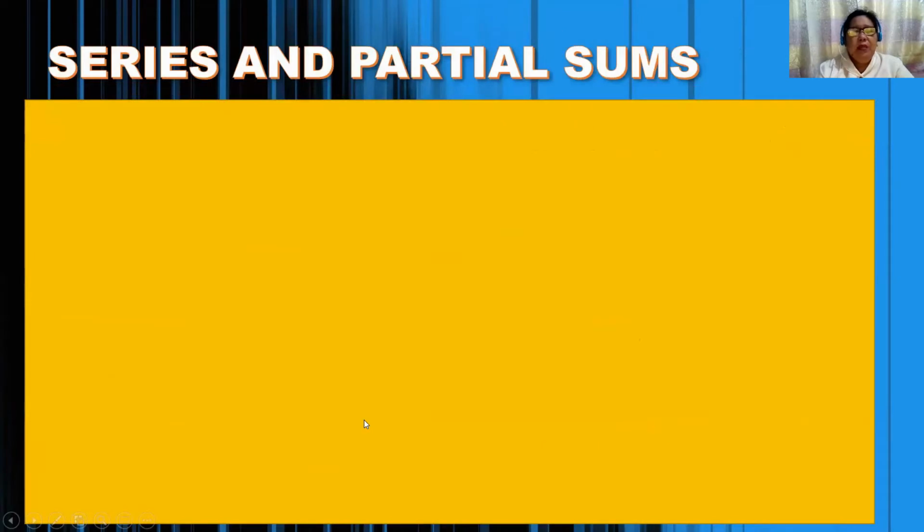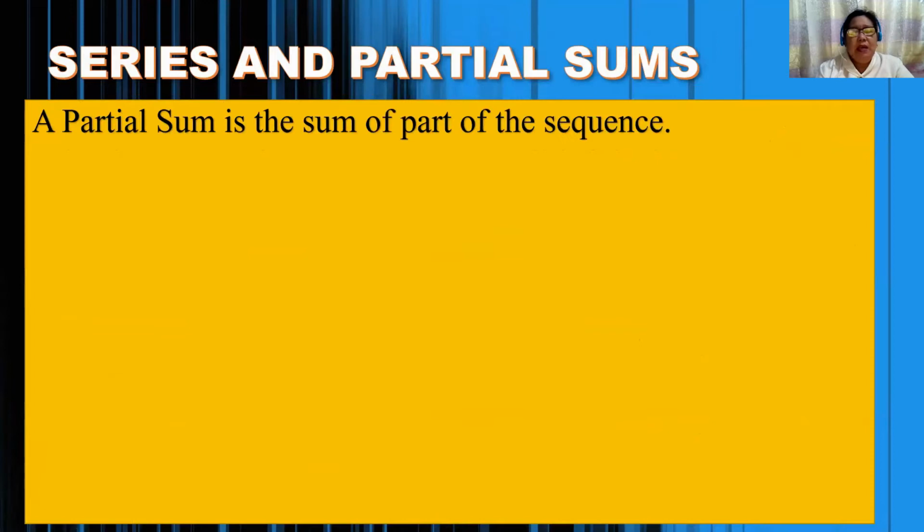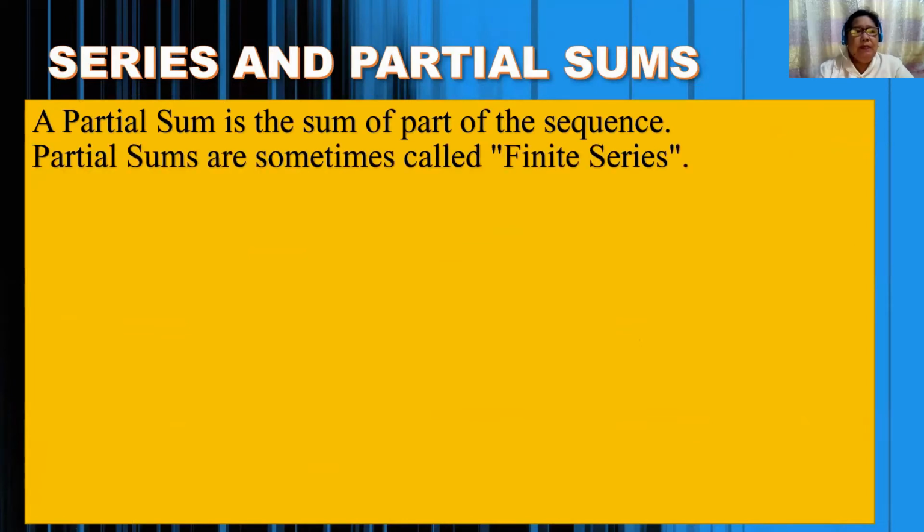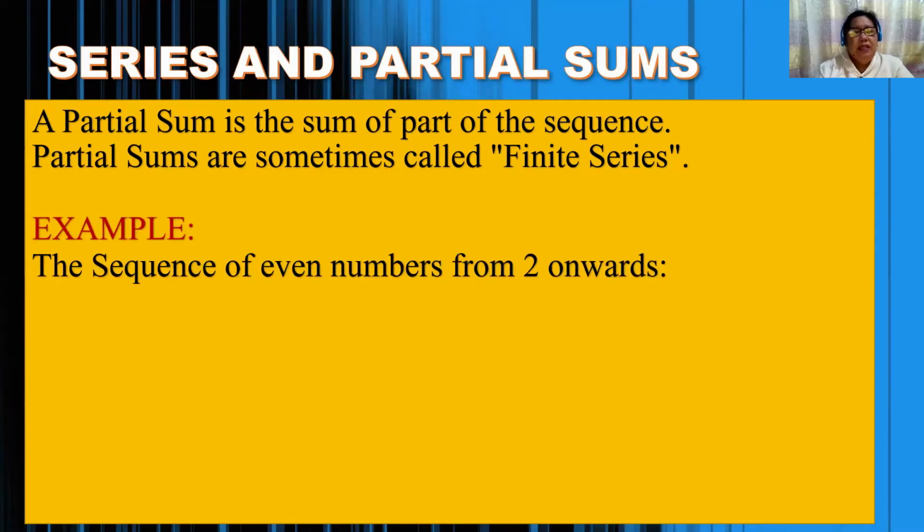Let us have now the series and the partial sums. A partial sum is the sum of part of the sequence. Partial sums are sometimes called finite series. For example, the sequence of even numbers from 2 onwards.